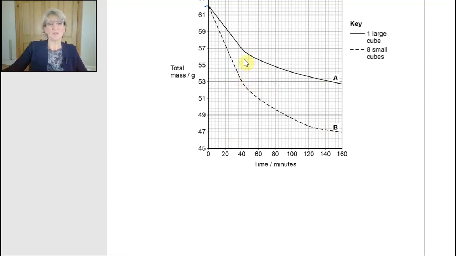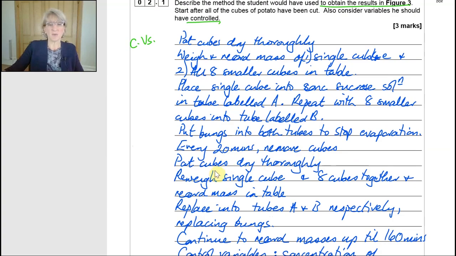Now, it seems to me that possibly 40 was one, but it isn't really obvious. So I guess that I would weigh them every 20 minutes. But look, it actually tells you how long the experiment went on for. So every 20 minutes, remove the cubes, pat them dry, re-weigh them, 8 cubes together. Yes, continue until 160 minutes.